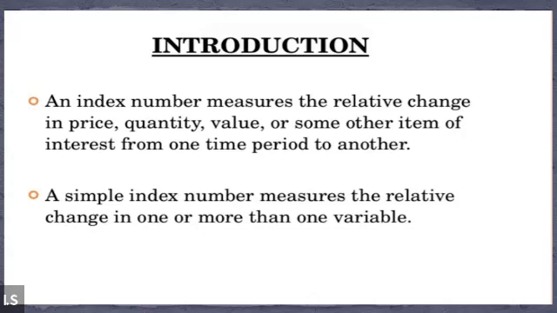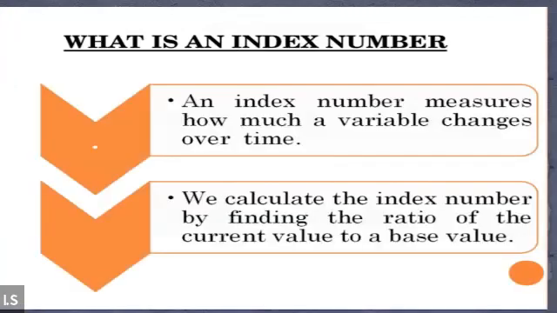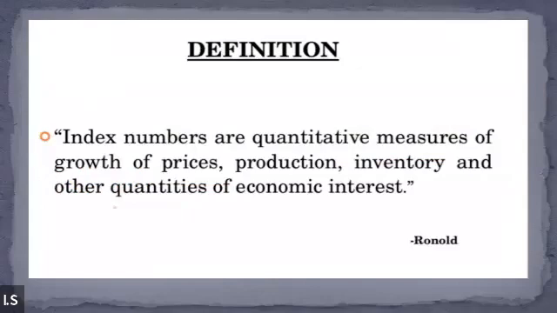An index number measures how much a variable is changing over time. We calculate the index number by finding the ratio of the current value to a base value. I will talk about this part later, but let's just focus on what index number actually is. Index number is something that measures the change in a variable over a period of time.